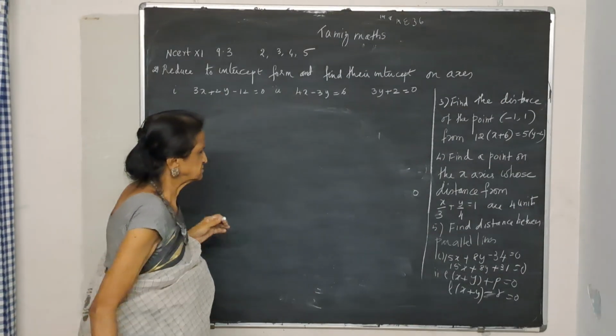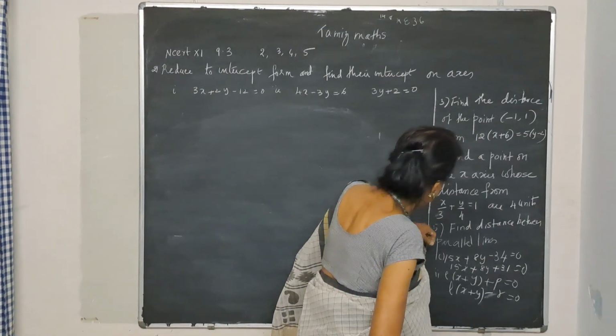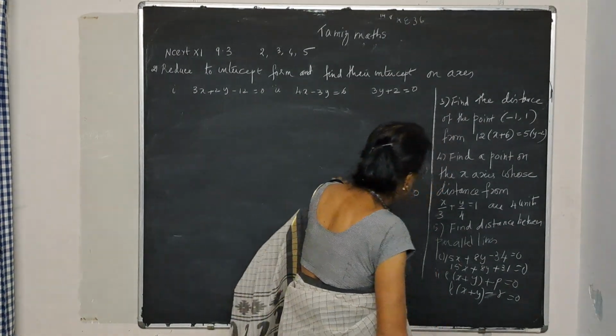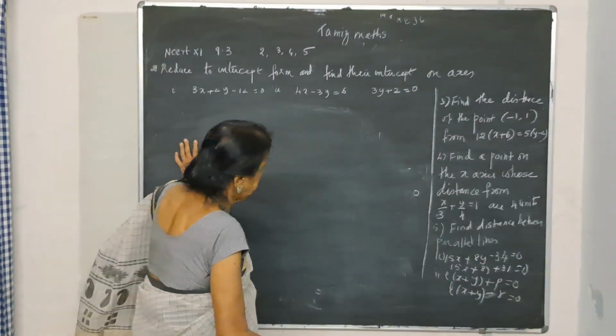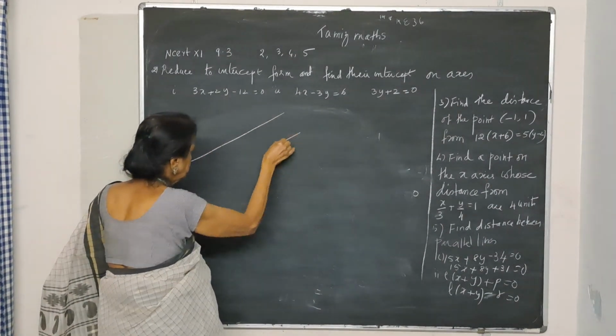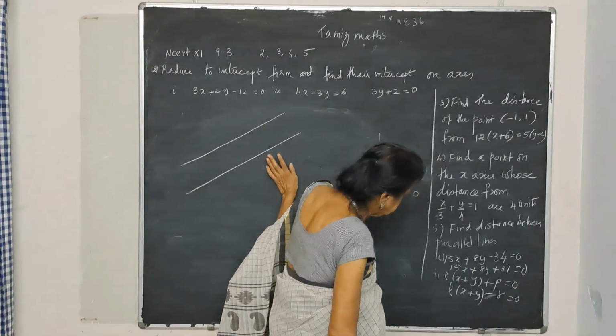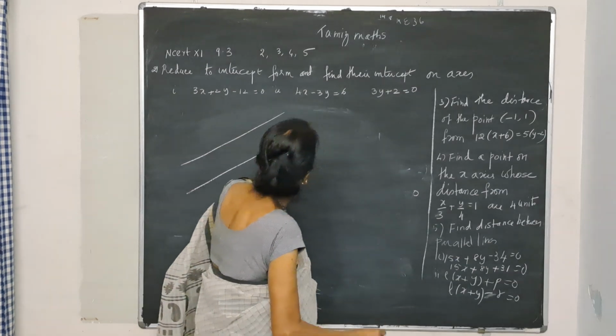Next will be to find the distance between parallel lines. One line is 5x plus 8y minus 34 equal to 0.